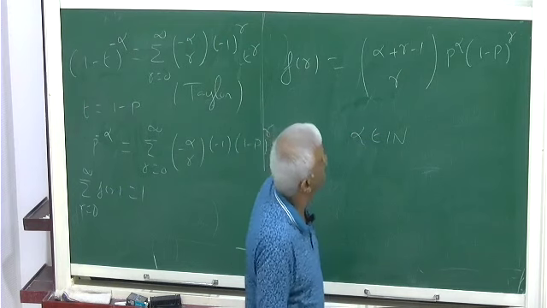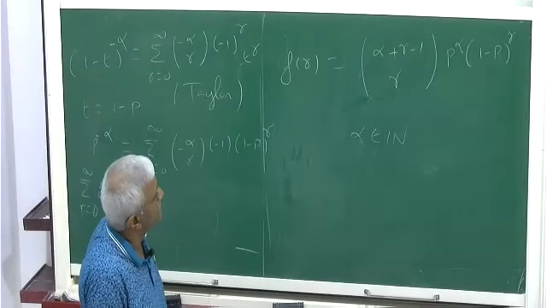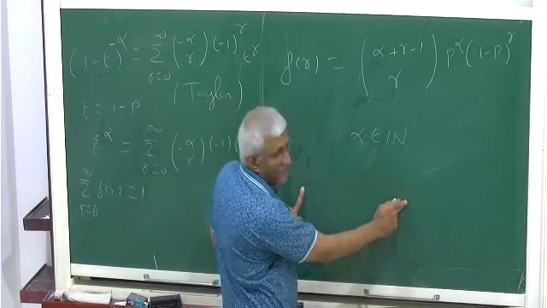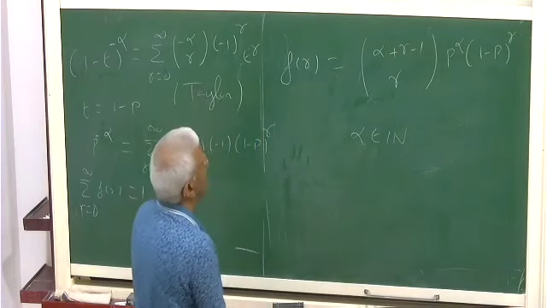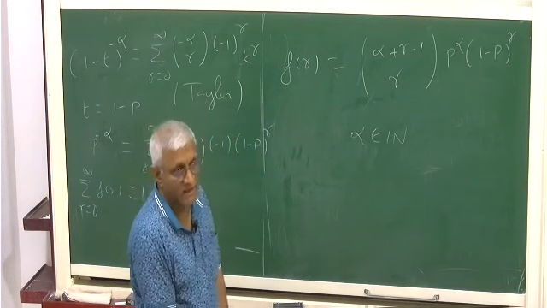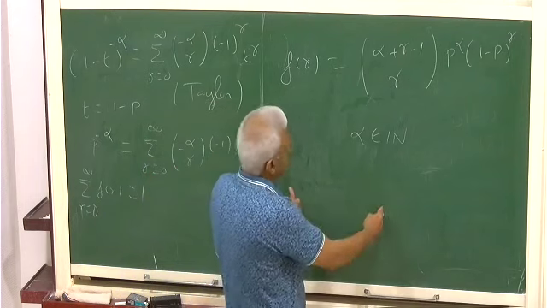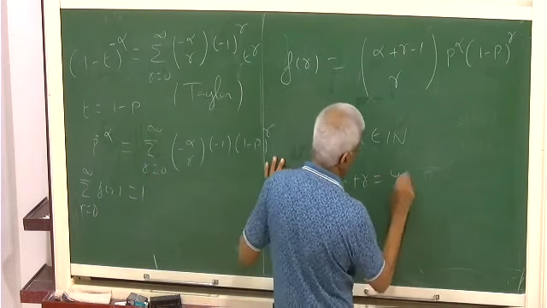You are assuming that I'm getting a minus 1 problem. No, the thing is, you toss it alpha times, you toss it alpha plus r times, okay? Let alpha plus r equal to y.